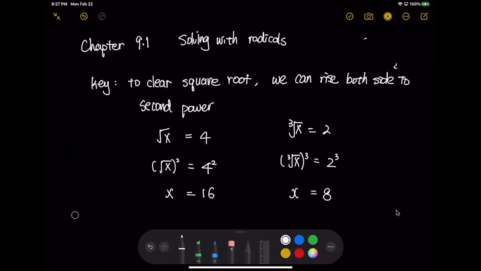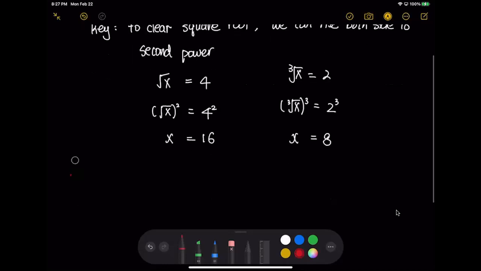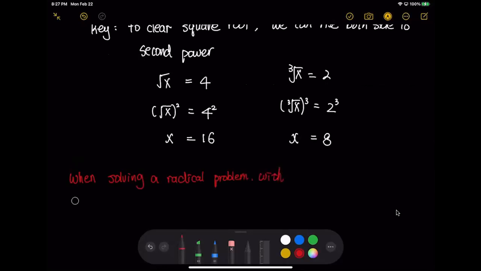Okay, but there's one thing you need to be careful about: when you're solving a radical problem with even index, you need to check your answer.